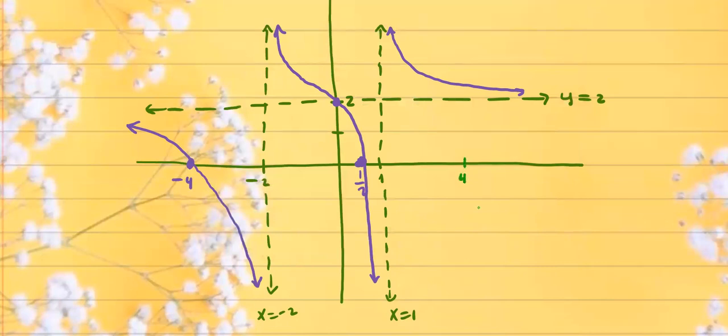I can select a point within that interval, plug it into the function, and you will see that the y value of that function will be above 2. So it'll be somewhere up here. That way, you know it curves in that direction, not down here, because then you'd get something below 2, which is the horizontal asymptote. I hope that makes sense. Pretty much that is the graph of this rational function.